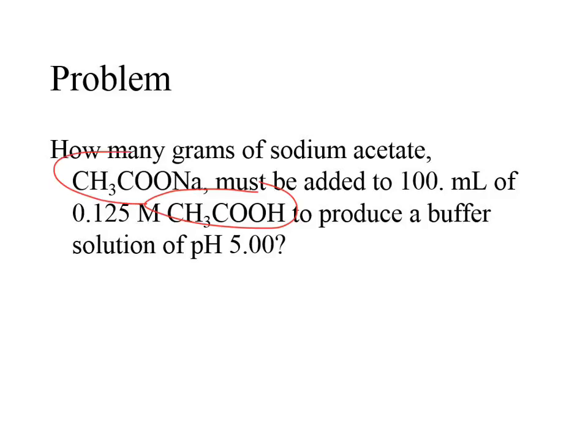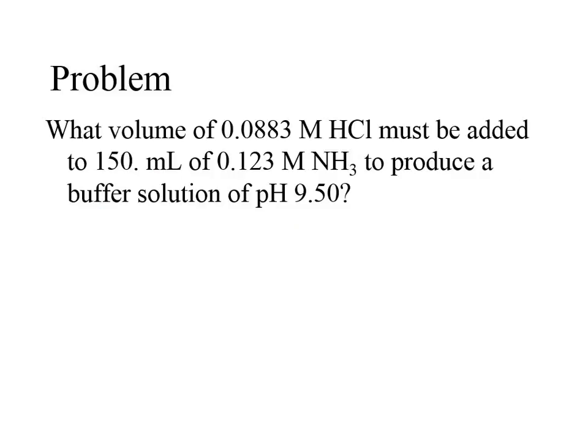And if you see something like this, you kick off the Na+ and you end up with CH3COO minus. That is the conjugate acid-base pair in that solution. That was pretty straightforward, and most of the problems you'll be doing for Friday are like this. But the other type of problem, here's an example of that.